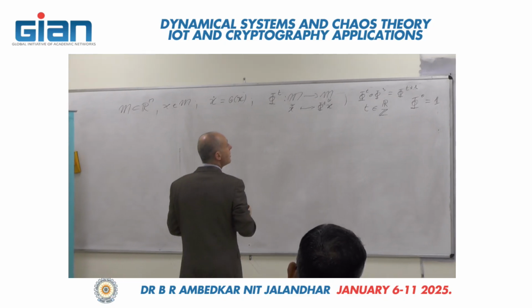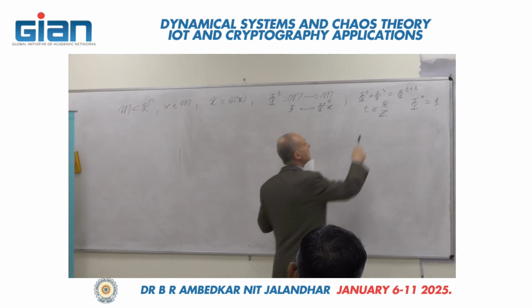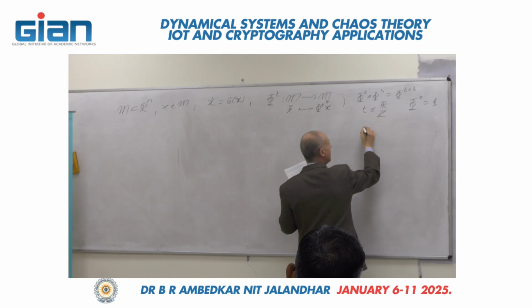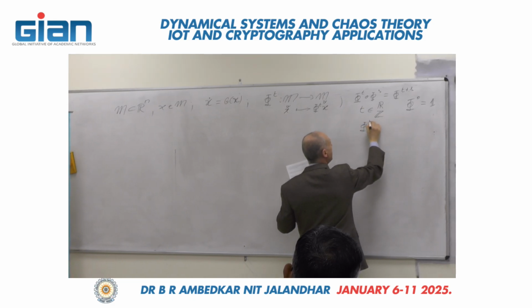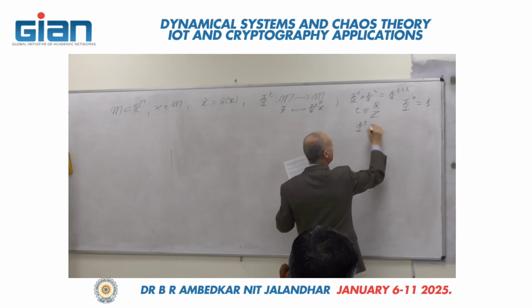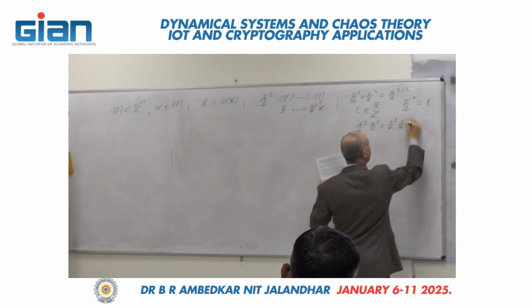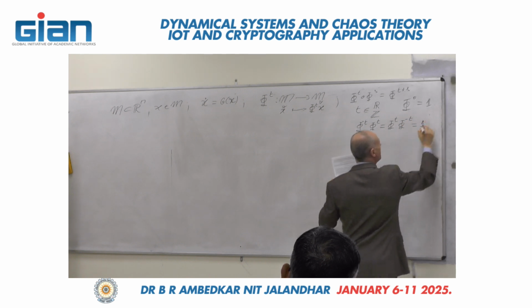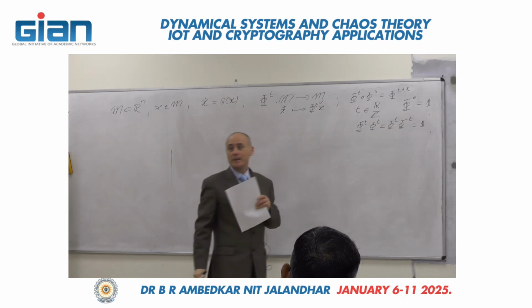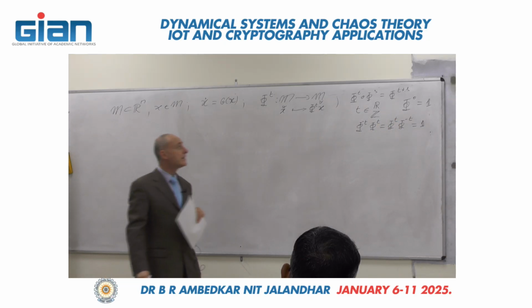Now, the inverse, in the case that we have this, is defined as phi minus t applied to phi t equals phi t applied to phi minus t equals the identity, because we have t plus s equals 0.